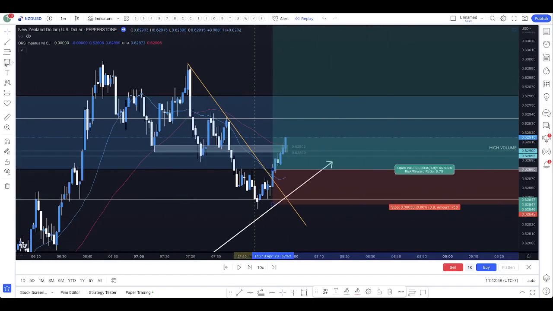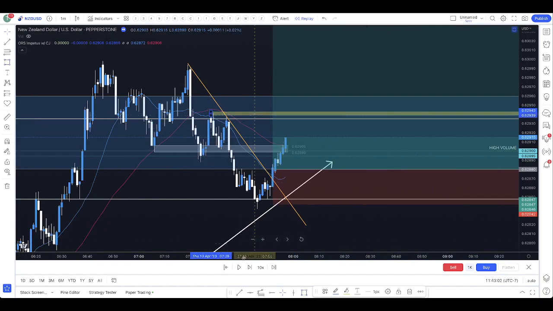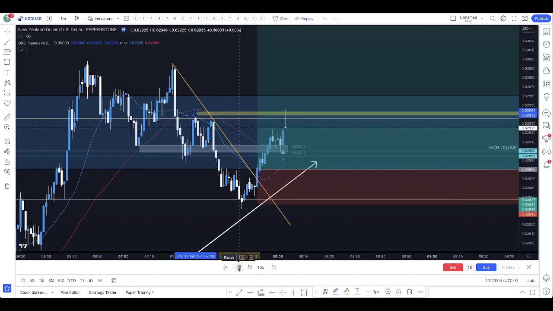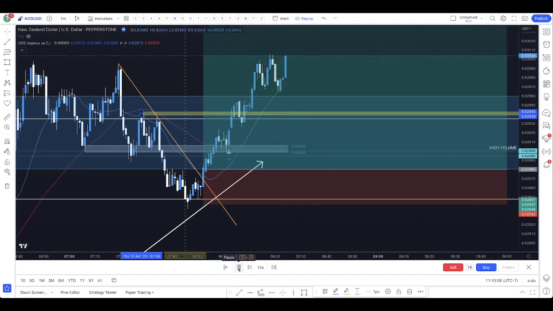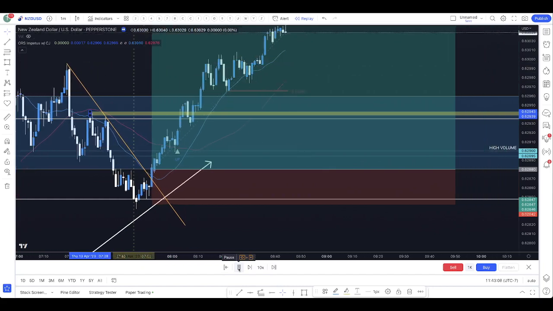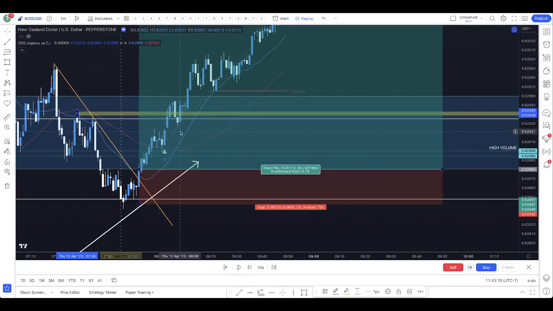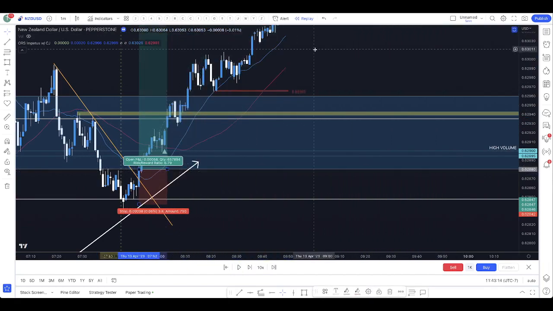Also, we have the impetus level sitting right in here, which could produce potentially another entry. And there's the break and the retest right there, and that could have also been a really quick entry.